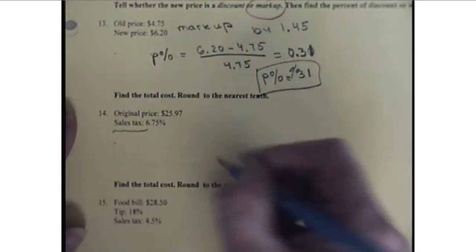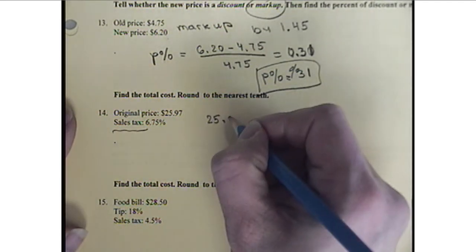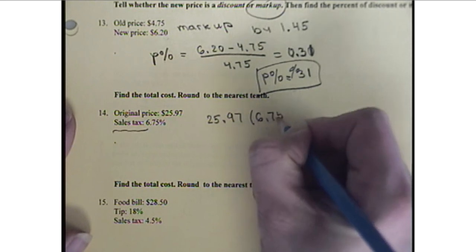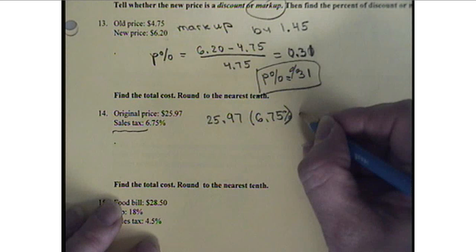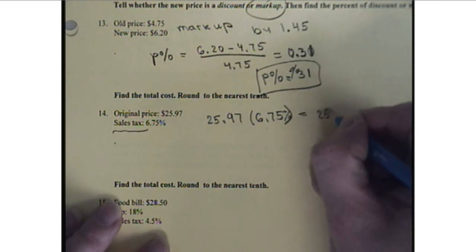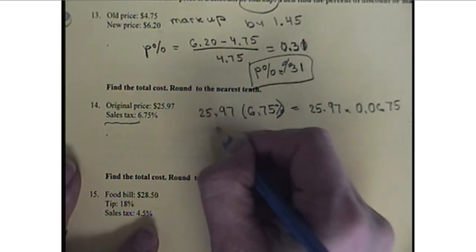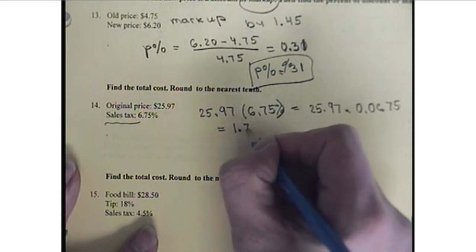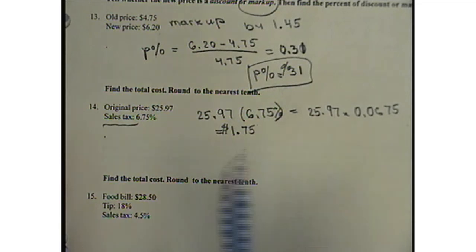So let's go ahead and write 25.97 times 6.75%, which in other words, 25.97 times 0.0675 as a decimal number will give us the answer here is $1.75. So that was the sale price.